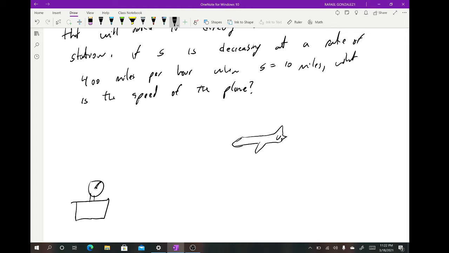Now, this particular radar tower is at, let's see, oh yeah, I forgot to give you this information.